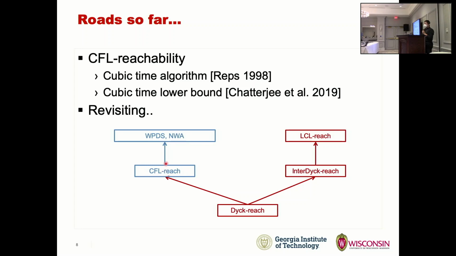It states that in general, the general CFL-reachability problem has a cubic time lower bound, but it doesn't rule out the possibility that for a specific subclass of the problem, there exists an asymptotically faster algorithm. That is precisely the reason. So we will first focus on this important subclass of CFL-reachability, and let's see how we can do a better job.